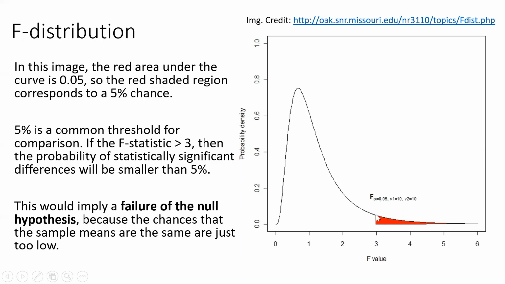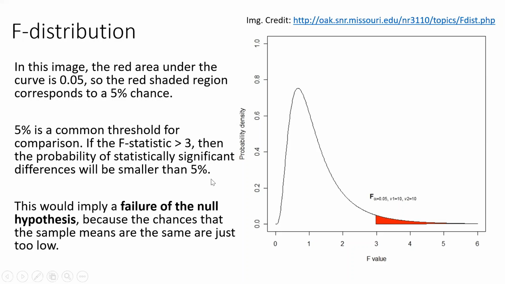That's going to correspond to, so this F value being 3 or above is going to correspond to a probability of 0.05. There's a 5% chance that F is 3 or above. This 5% is a common threshold.